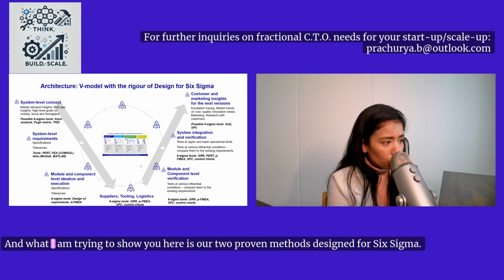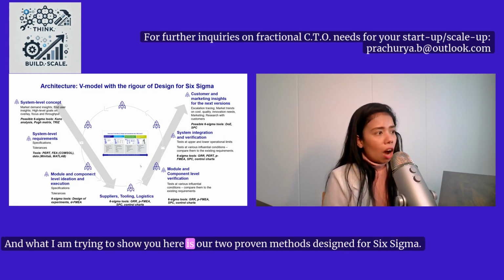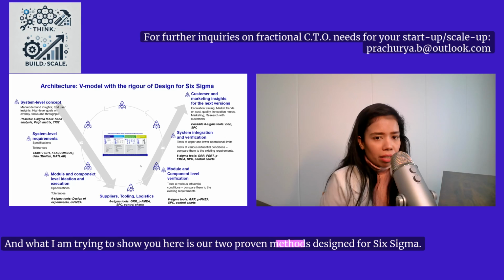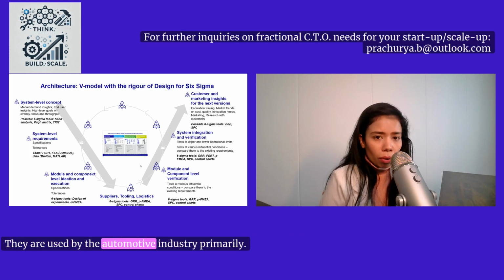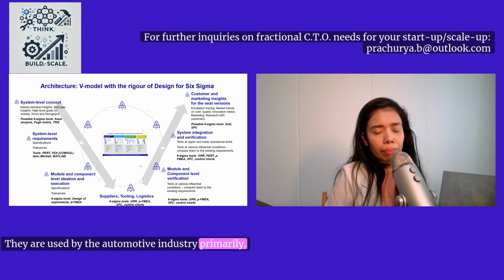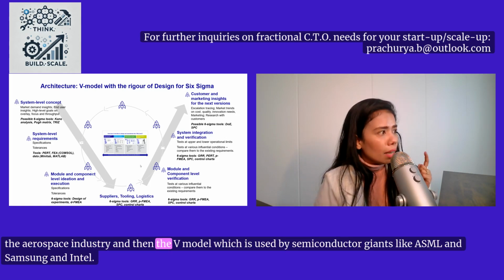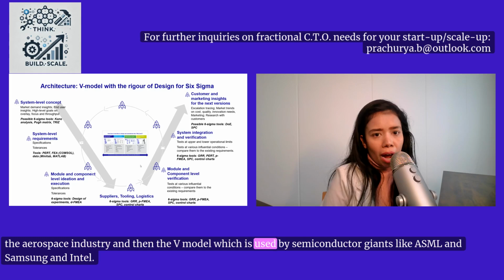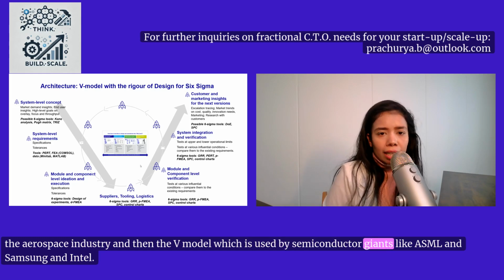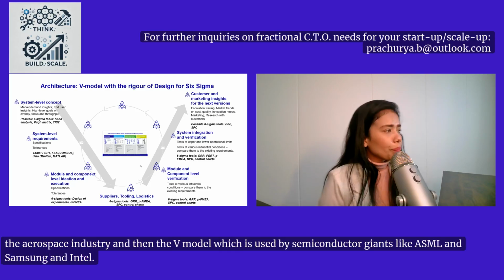What I am trying to show you here are two proven methods: design for Six Sigma, used by the automotive industry primarily and the aerospace industry, and the V model, which is used by semiconductor giants like ASML, Samsung and Intel.